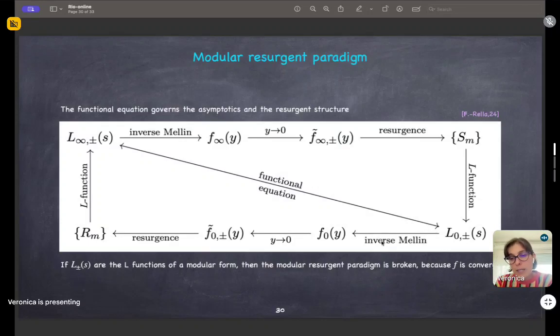Now you can repeat the same argument: look at the inverse Mellin transform, compute the asymptotic expansion, compute the resurgence, in particular the new Stokes constants. If you then look at the L function whose coefficients are the Stokes constants, you close the cycle and go back to the original L function. Moving along this rectangle is essentially equivalent to saying that these two L functions are related by a functional equation like the one I showed you in the previous slide.